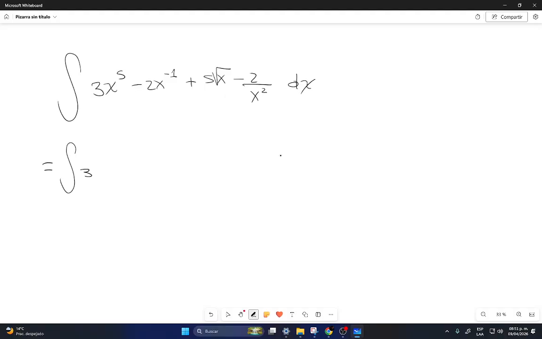I'm just going to rewrite the function so that I only have exponents and I don't have roots. Remember, this is x to the power 1/2, and I don't have variables in the denominator. And remember, in order to do that, we move it up with a negative exponent.